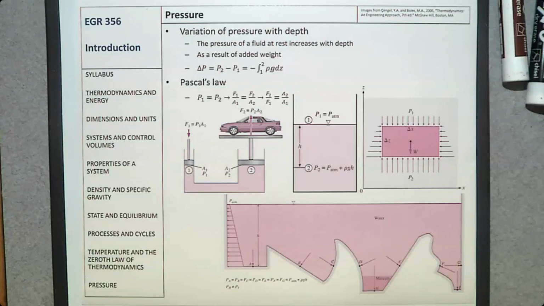What about if you go horizontally? If you go from this classroom to the other classroom over there, the pressure does not change. The pressure only changes in the direction of gravity. Okay?